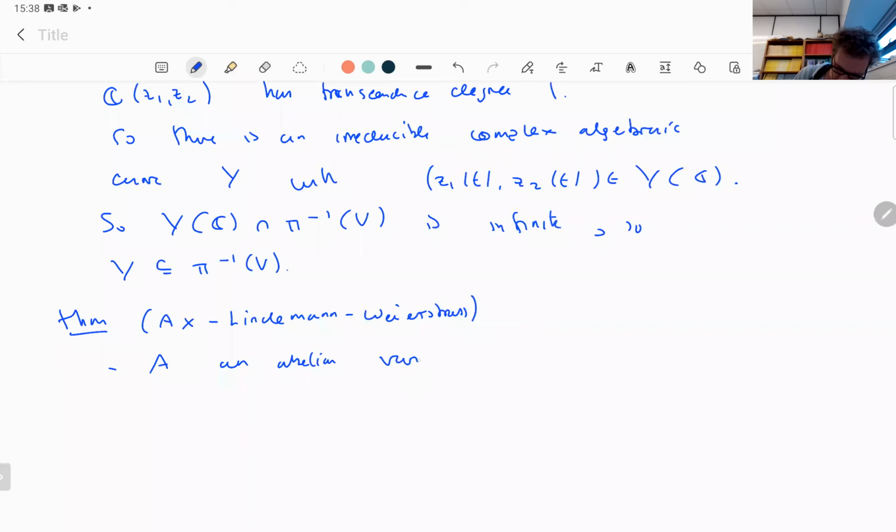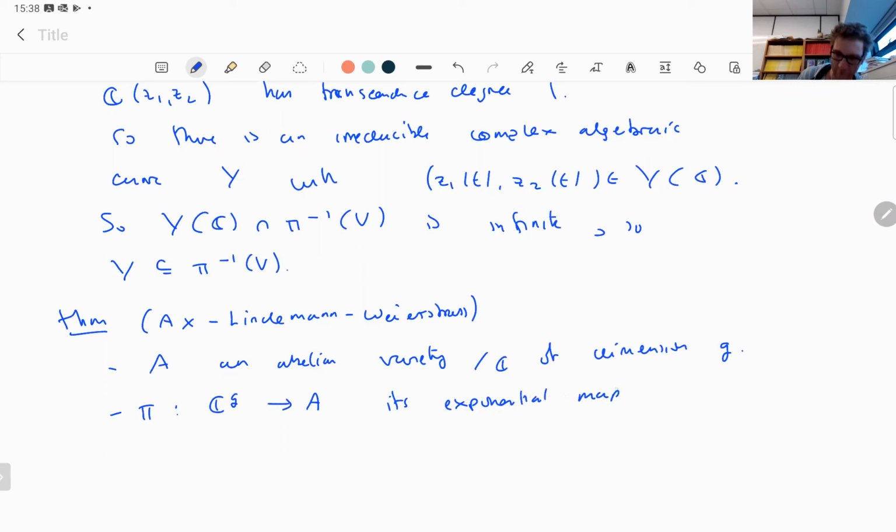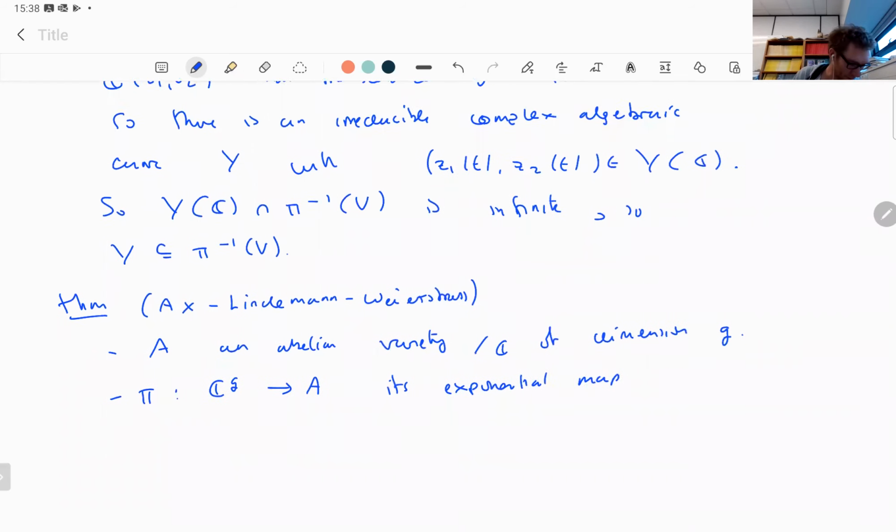I have an abelian variety over C of dimension g, which you can take to be E squared, like we have been, pi its exponential map, which is the pi we've had already.